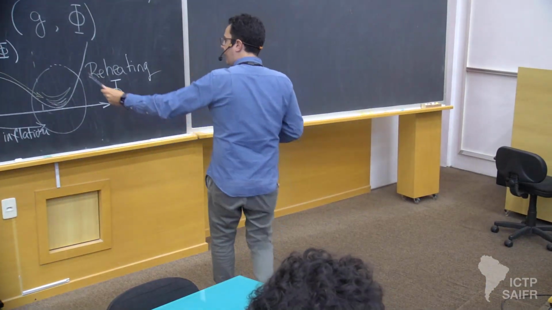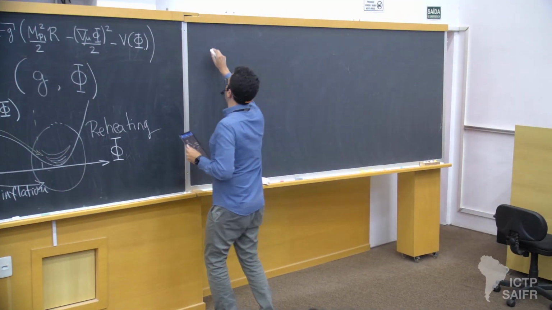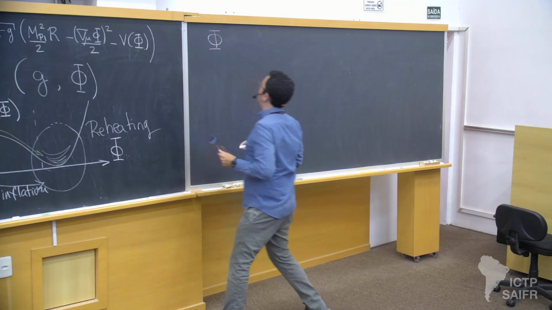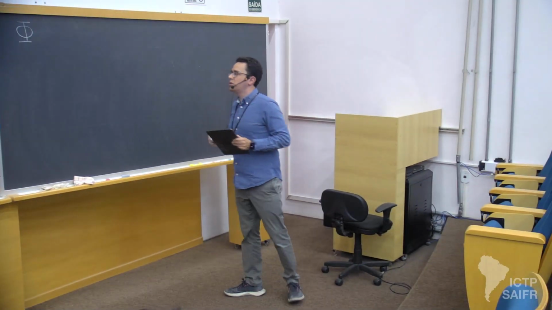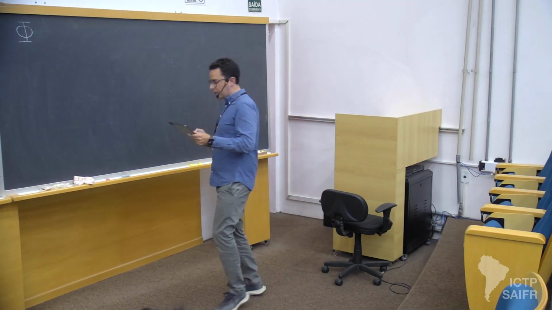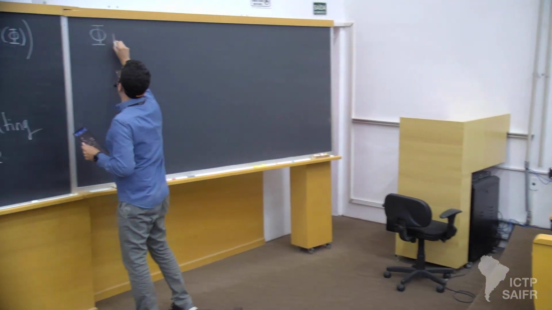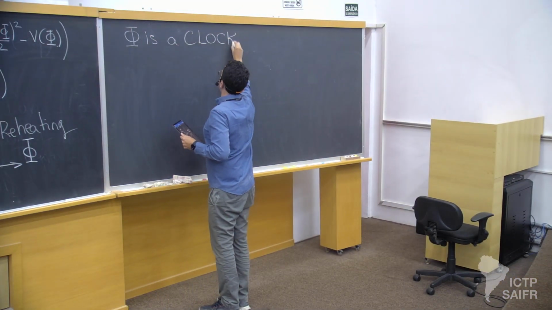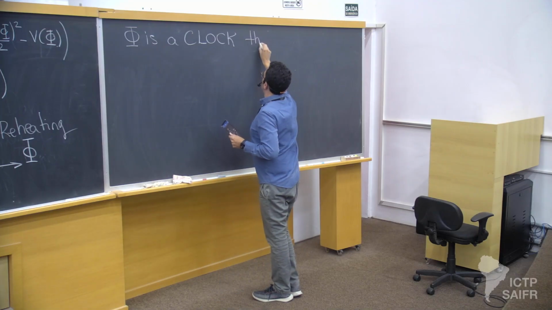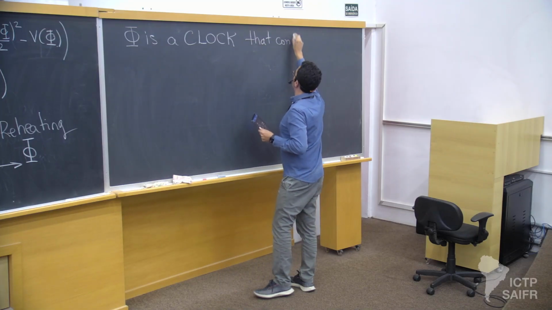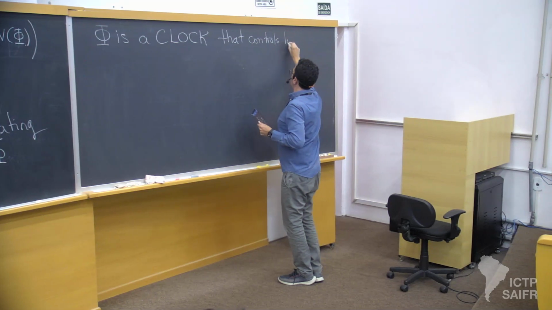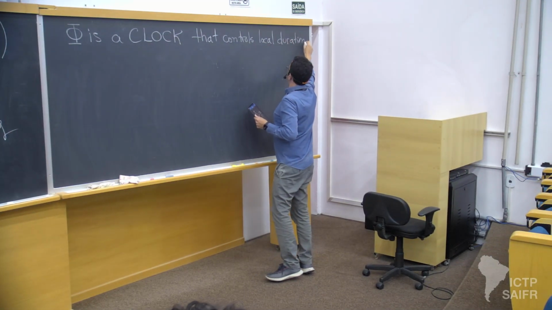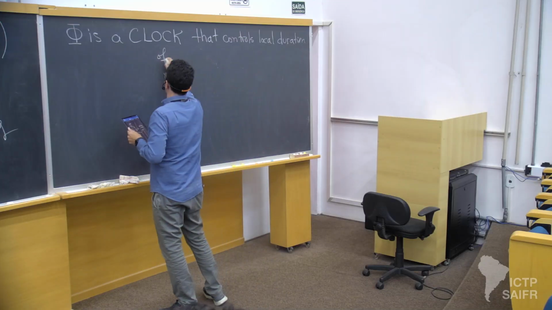alas. All right, so just coming back here, let me make a comment. This is maybe something that string theorists or particle theorists do not really appreciate, that is a standard law in cosmology: phi is a clock that controls the local duration of inflation.